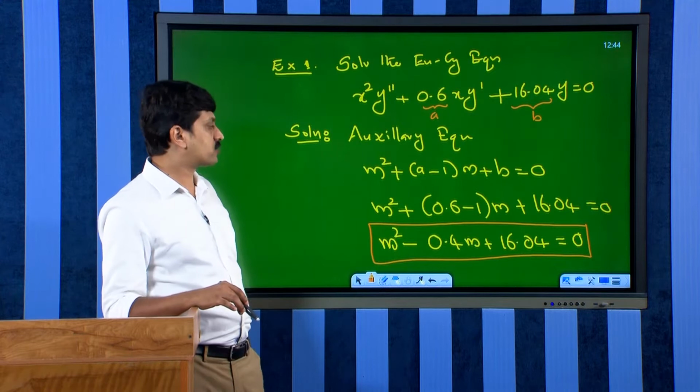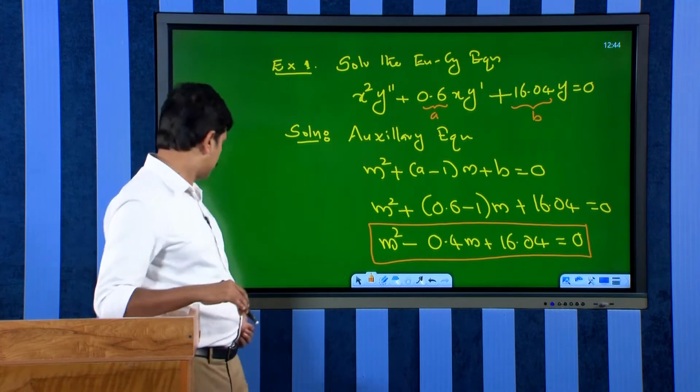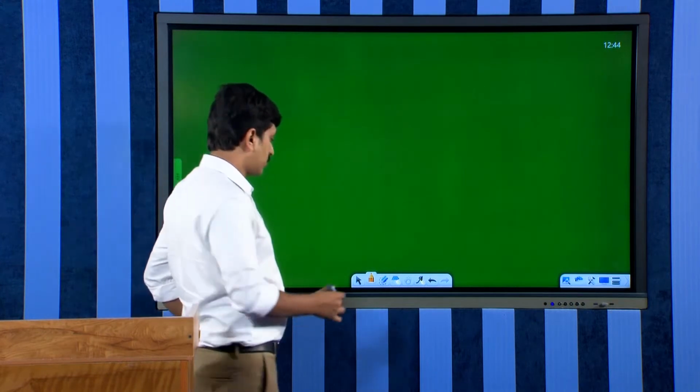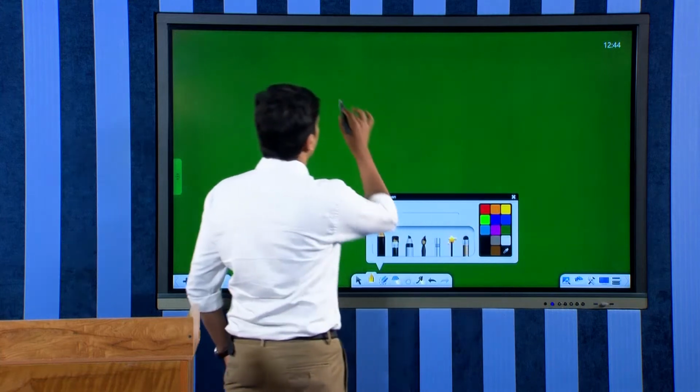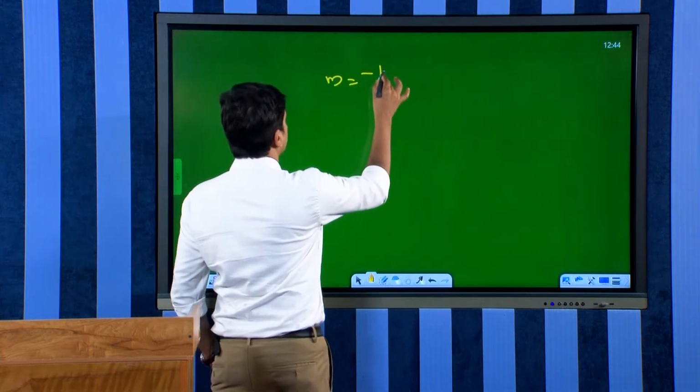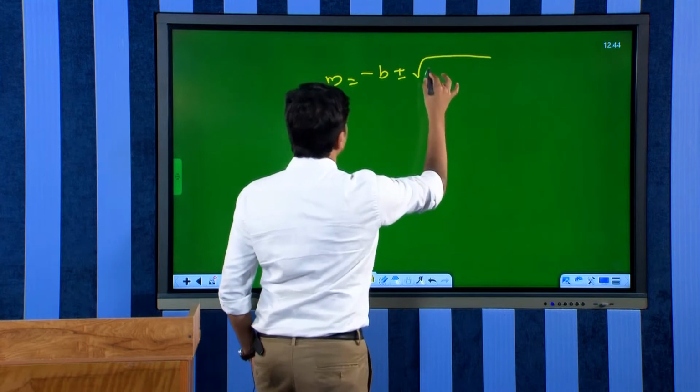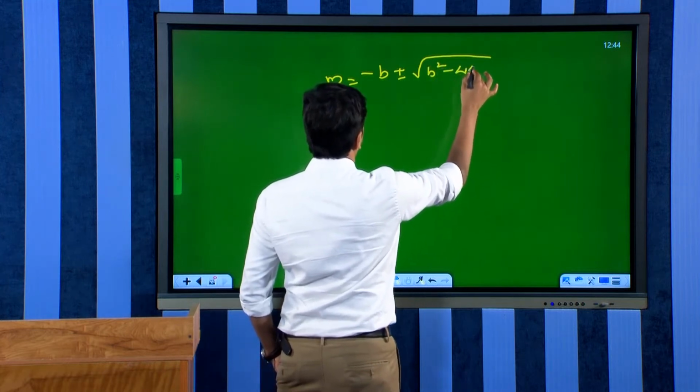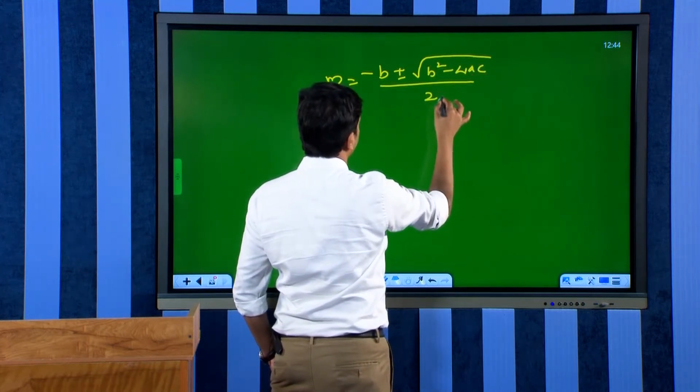Now, we can solve by using the equation m is equal to minus b plus or minus root of b square minus 4ac by 2a.